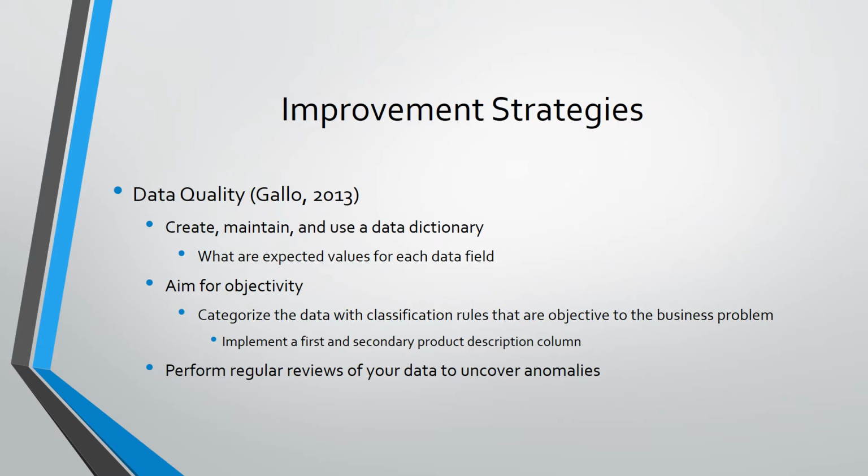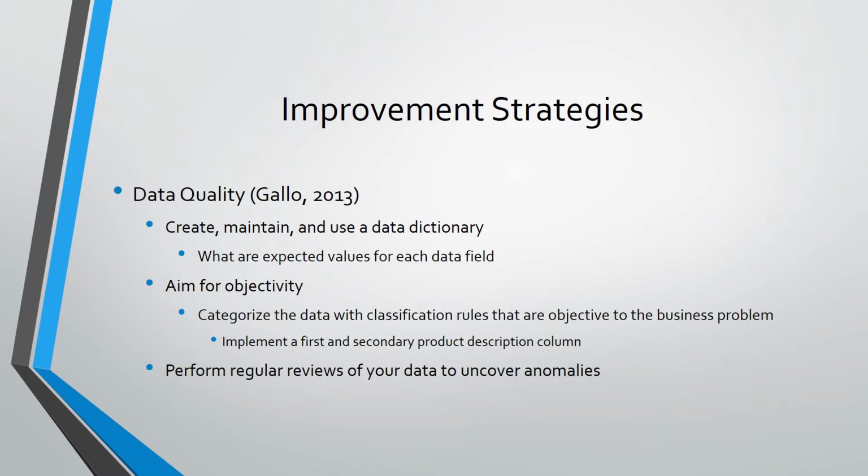An article by Gallo, 9 Tips to Improve Data Quality and Improve Decision Making, pinpoints that improvement strategies for data quality include creating, maintaining, and using a data dictionary, aiming for objectivity, and performing regular reviews of data to uncover anomalies.